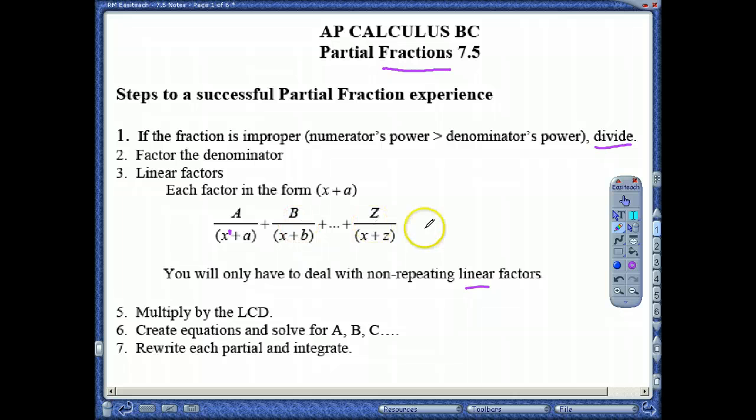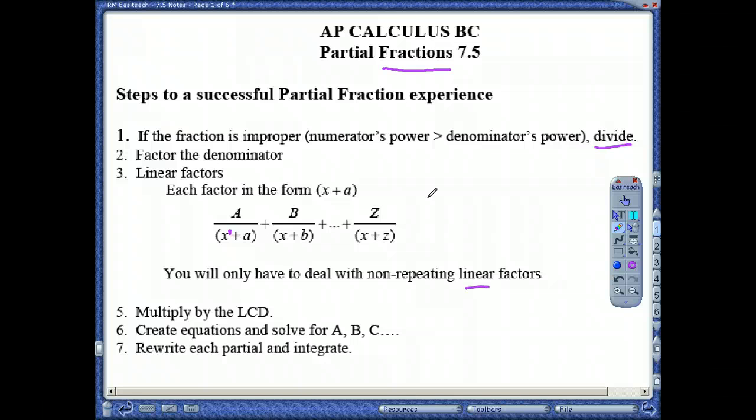After you get it all set up, you're going to multiply by the least common denominator. And then you're going to figure out what A has to be, what B has to be, what C has to equal, and so forth. Basically, you have this simplified fraction. We are going to pull it apart into what it used to be before you found the common denominator, before you found the equivalent fractions.